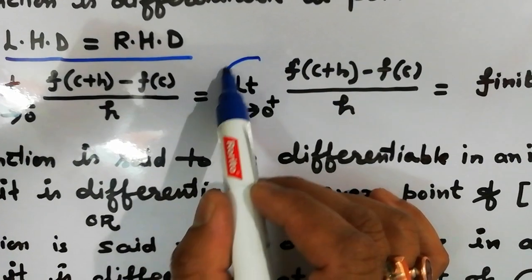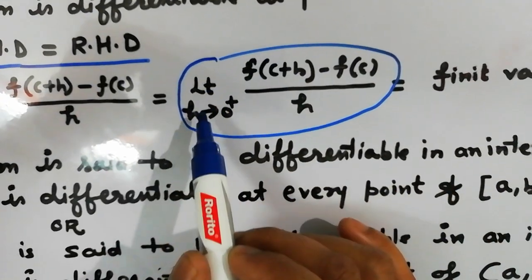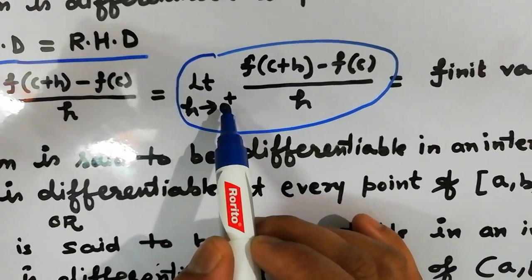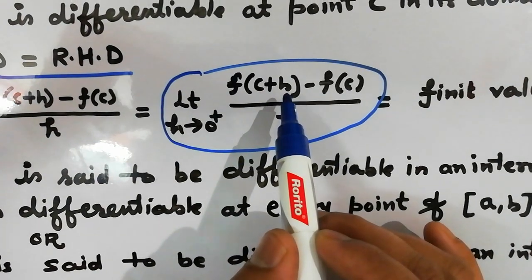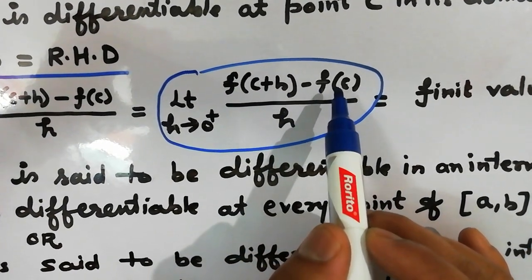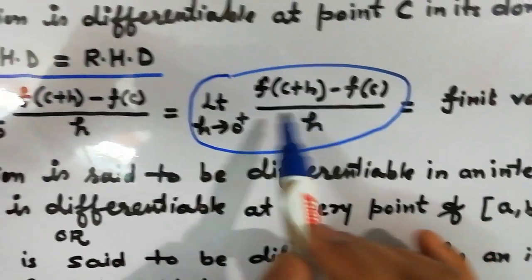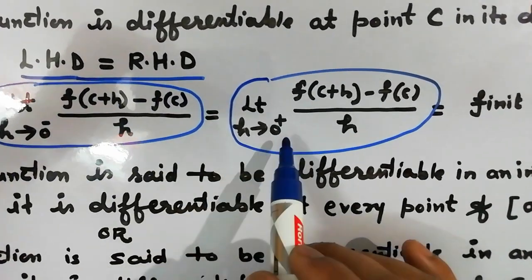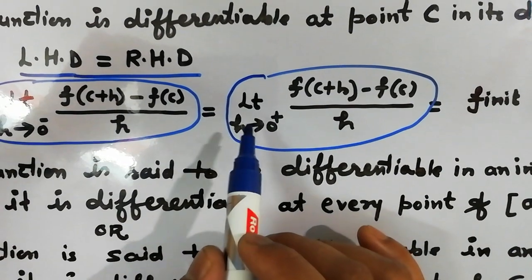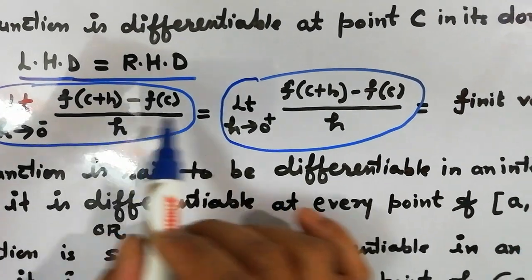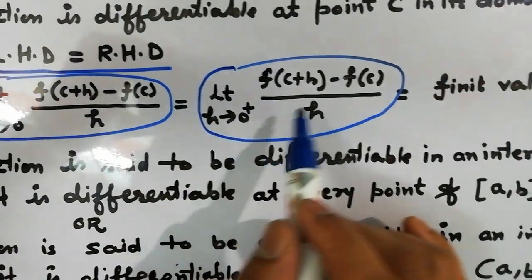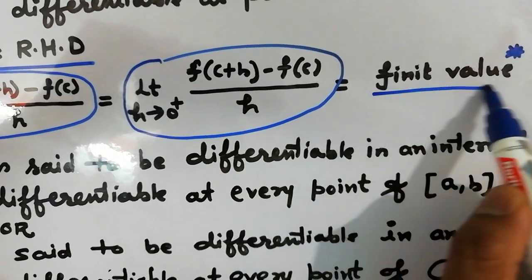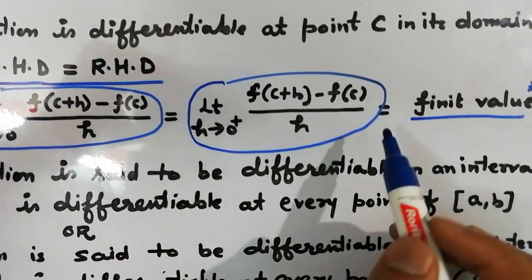This is the right-hand derivative: limit h approaches 0 from the positive side of f of c plus h minus f of c upon h. If the left-hand derivative is equal to the right-hand derivative, you should note down that it must be equal to a finite value, not an infinite value.